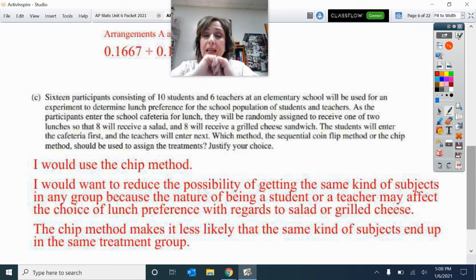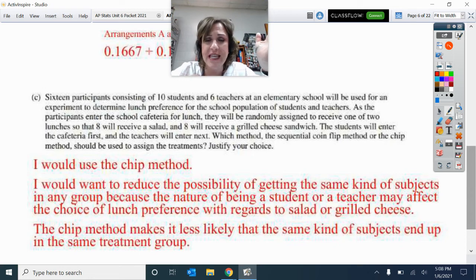I can see that if the 8 people that got the salads were 6 teachers and 2 students, then we're going to have more people liking the salad. And conversely, what happens if the 8 people who get the salad were all students? Then what is our conclusion about salad going to be?